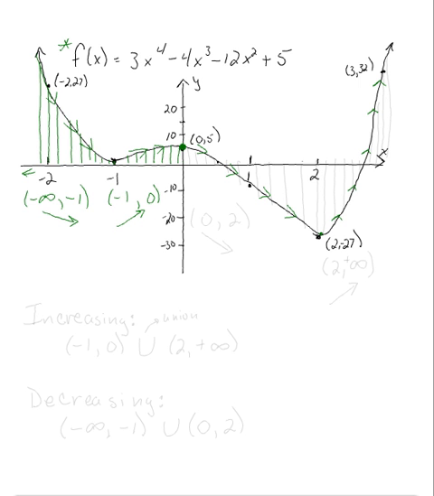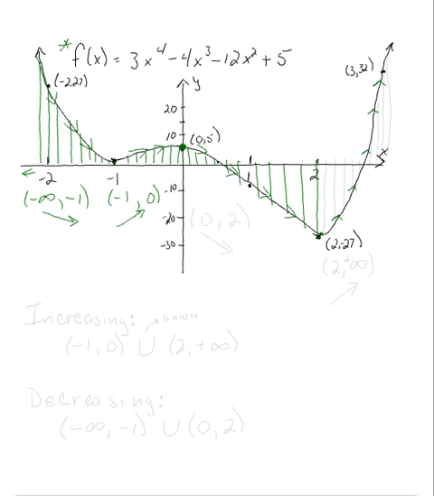Okay, now they've switched direction again from x equals 0. They're decreasing, they're getting smaller and smaller and smaller until I go down here to x equal 2, and then at x equal 2 they change direction again. So now I'm interested in these x values here. Again, I'm going to just draw some lines in here. Interested in all of these x values until things turn around at x equal 2.